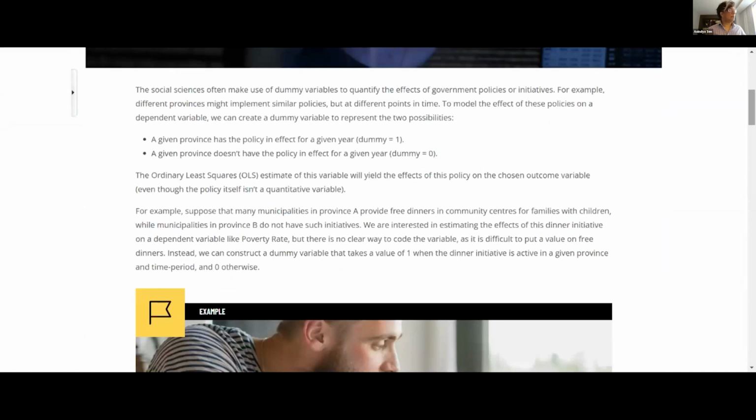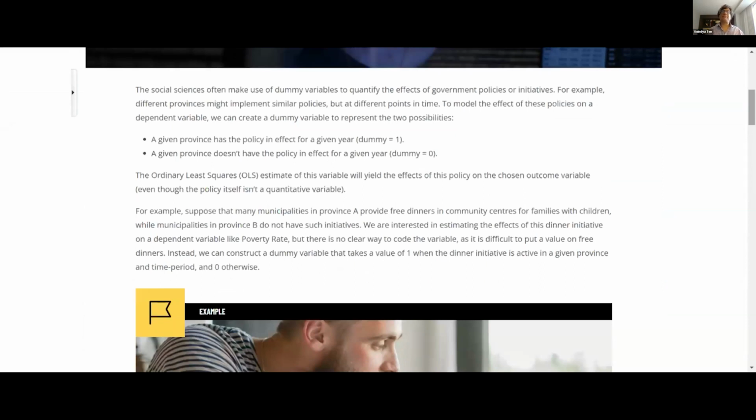Our previous example in the morning was looking at minimum wage. With the minimum wage, it's a no-brainer. On the right-hand side, you look at changes in the minimum wage. It's a number, it's on the right-hand side. But in some cases, a province might have done something, and there's not a number value out there.